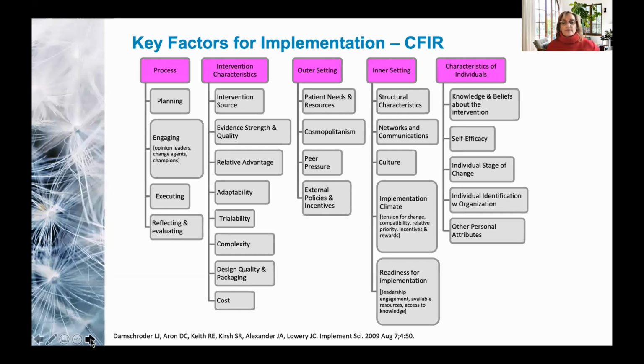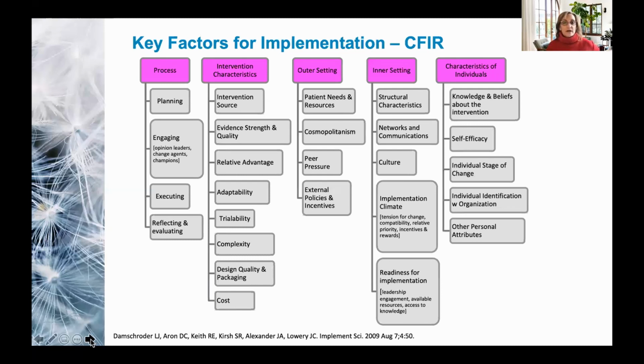Whether implementers perceive that this is a good intervention for their setting, that there's relative advantage to actually changing what they've done for the last 20 or 30 years, that there is some license to adapt, not the core components of the intervention, but who or how those core components are delivered in order to accommodate the context that they're in. That it's not complex, that it's not prohibitive in a cost way.